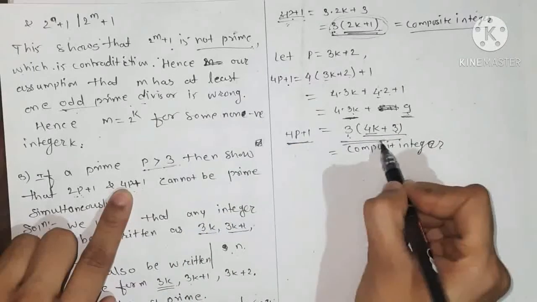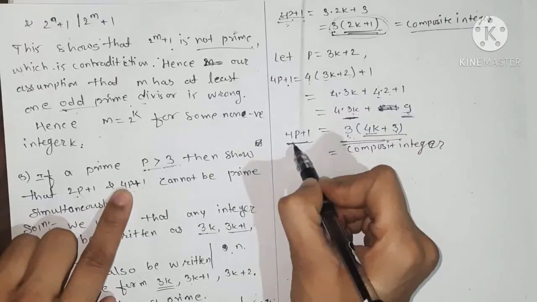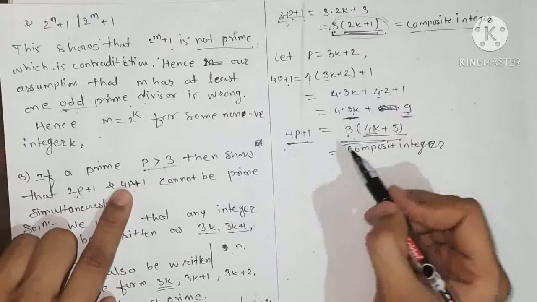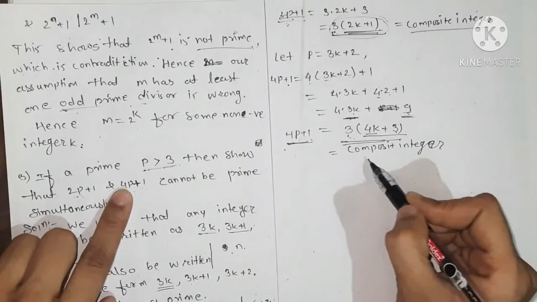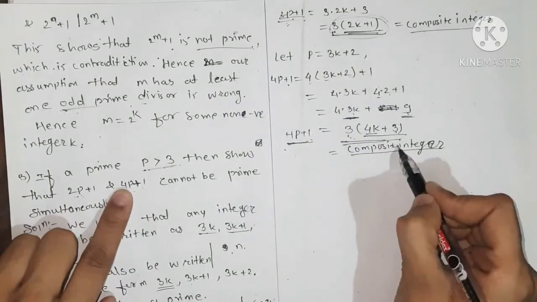So 4p plus 1 is not prime and hence it is composite.